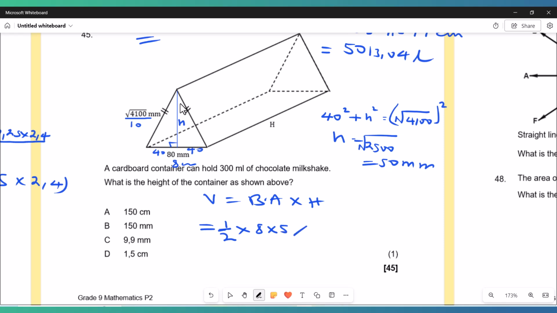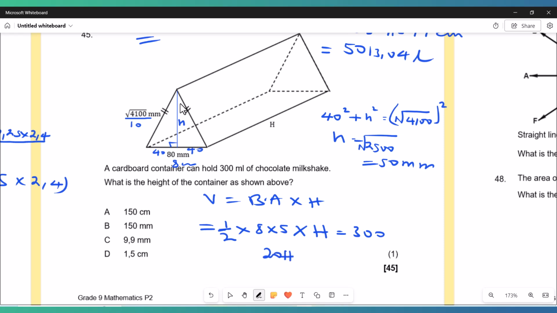Then times the height which I'm looking for, capital H. They said everything here was 300 mils, so this means 300 centimeters cubed. Now 0.5 times 8 times 5 gives us 20h.